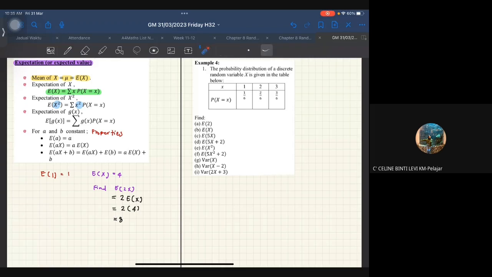Right, so for the last property dia bagi awak AX plus B. This one over here. Okay, so A is a constant, B is also a constant. So apa yang kita nak buat, kita akan buat macam kita expanding the bracket. It's like we are expanding this one dengan this one. Macam kita expand tapi sebenarnya bukan expand pun. Okay, so nak bagi faham saya cakap macam expand.